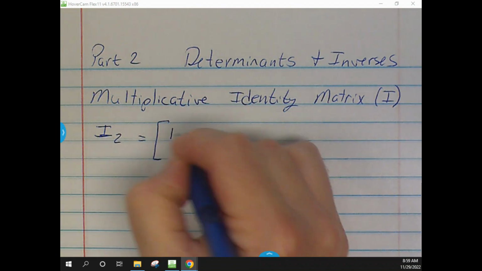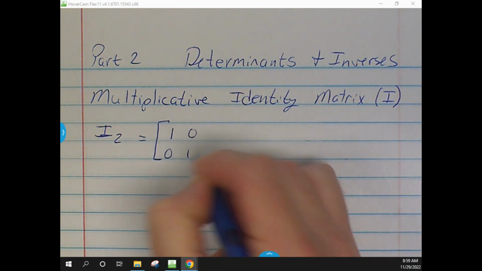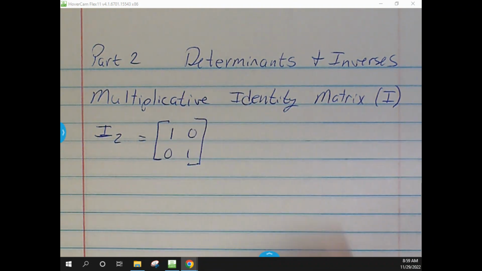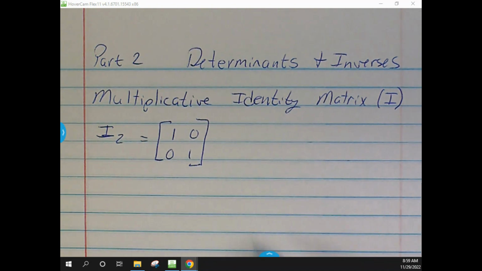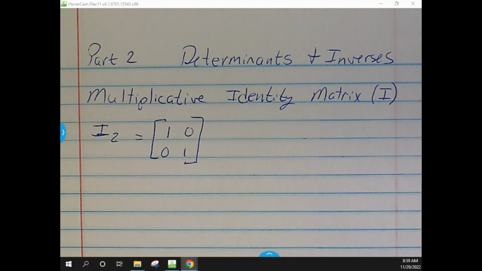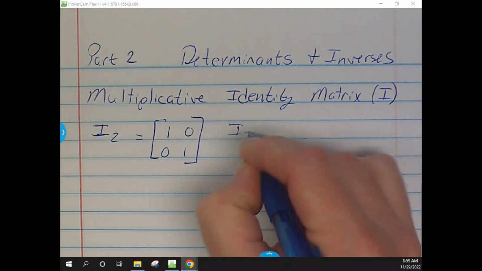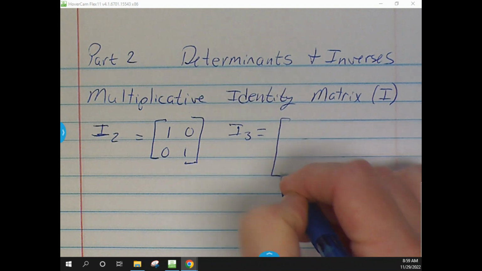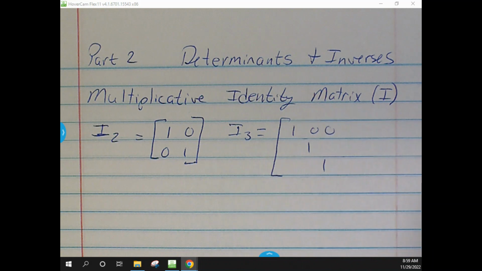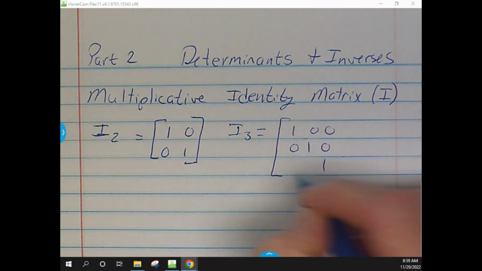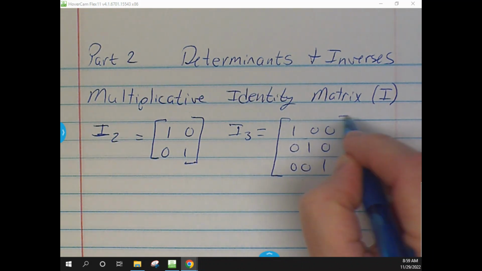So the way it works out for these is to be able to multiply some matrix by some other matrix to get the same thing back, you've got to have ones basically on a diagonal. So if it's a 2-by-2 matrix, you got to multiply by 1, 0, 0, 1. If it's a 3-by-3 matrix, then you got 1, 0, 0, 0, 1, 0, and then 0, 0, 1.